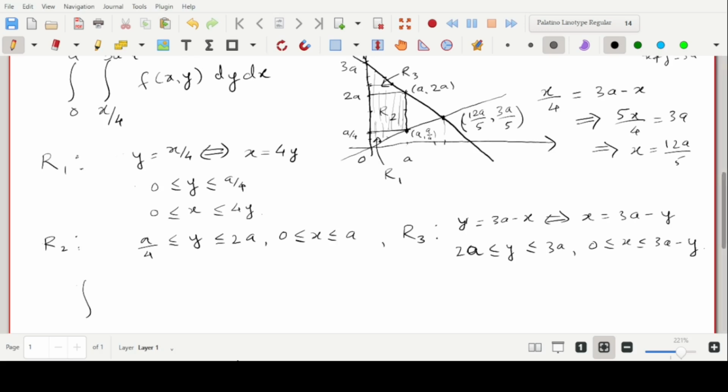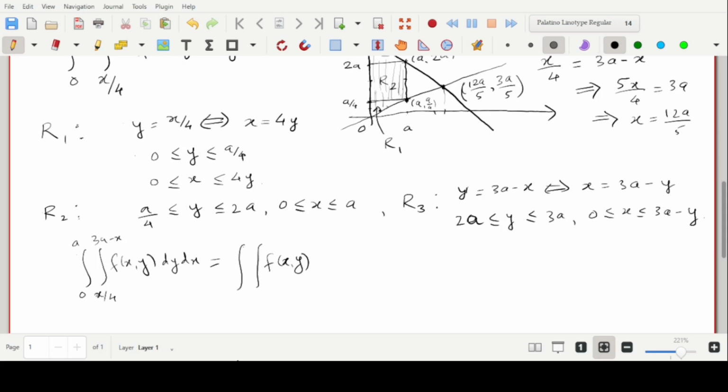So the integral of f of x y dy dx, with y from x over 4 to 3a minus x and x from 0 to a, that is the original integral given, is equal to the integral of the same function, first over the region R1.